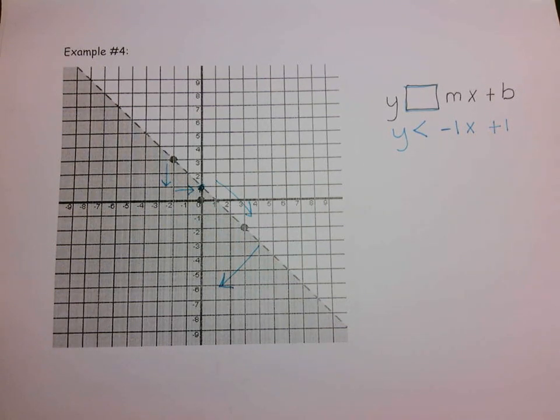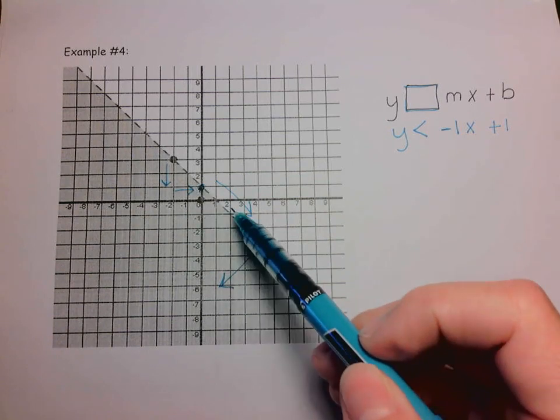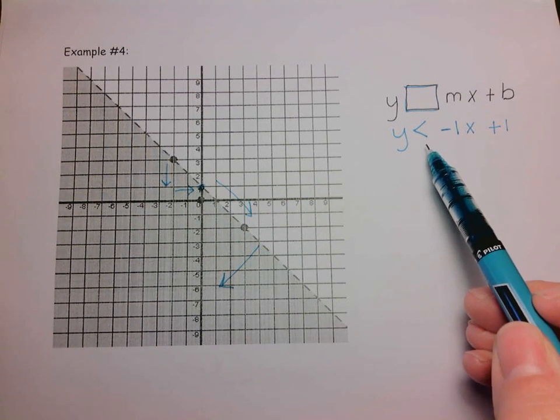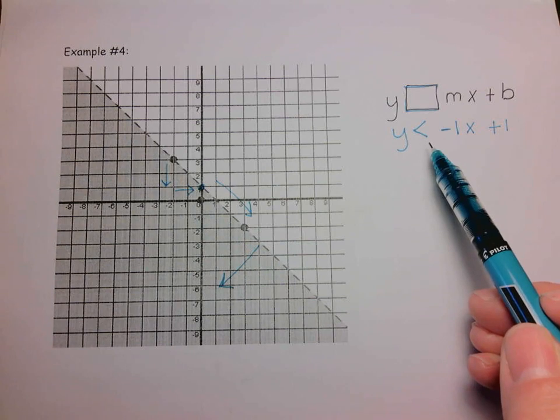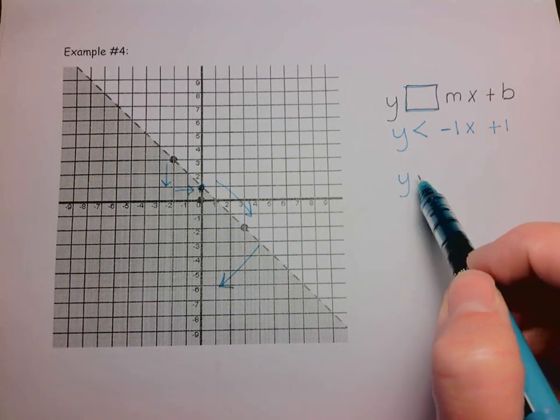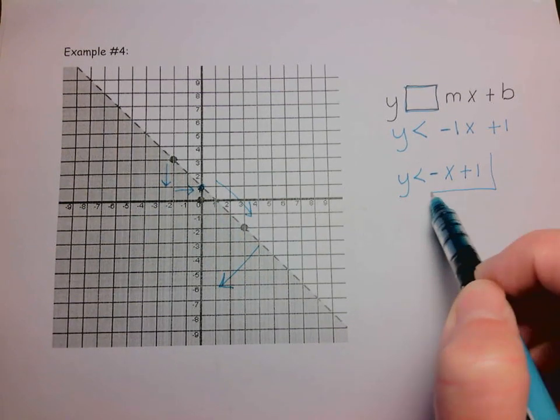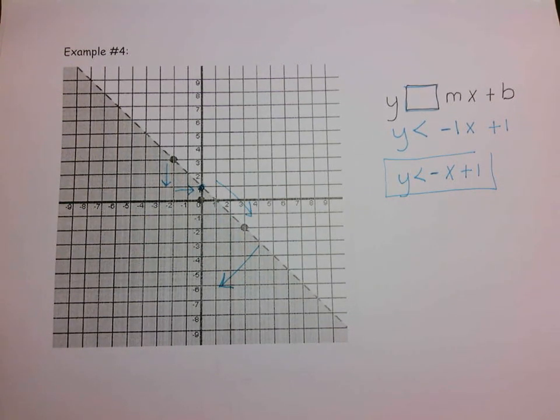And then finally, you need to ask yourself, is the line dotted or solid? Here the line is dotted, so that means the solutions of the inequality do not lie on the line itself. So it's just going to remain a less than. It's not going to be an or equal to. So the inequality that describes this graph is y is less than -x plus 1.